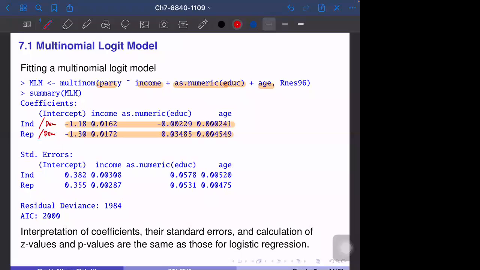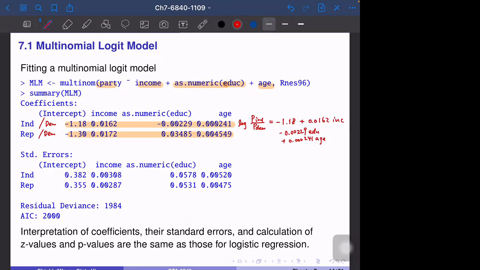Basically, the log of the probability of independent over probability of the Democratic Party is equal to: the intercept is negative 1.18, plus 0.0162 times income, and minus 0.00229 times education, plus 0.000241 times age.